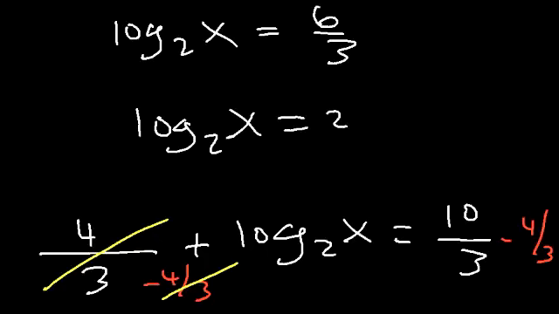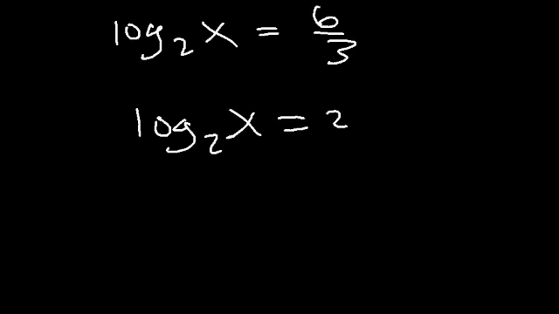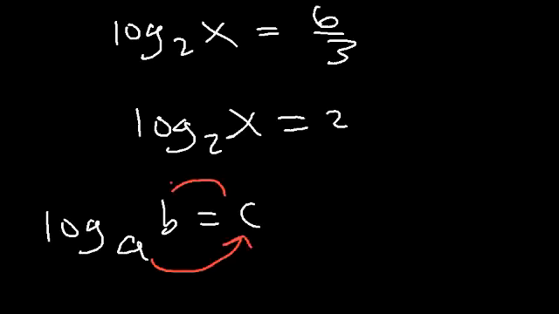And now, to solve for x, we could change this logarithmic expression into its exponential form. So let me show you how to do that first. Let's say if you have the equation log base a of b equals c, then you can rewrite it this way. A raised to the c is equal to b. So let me give you another example.